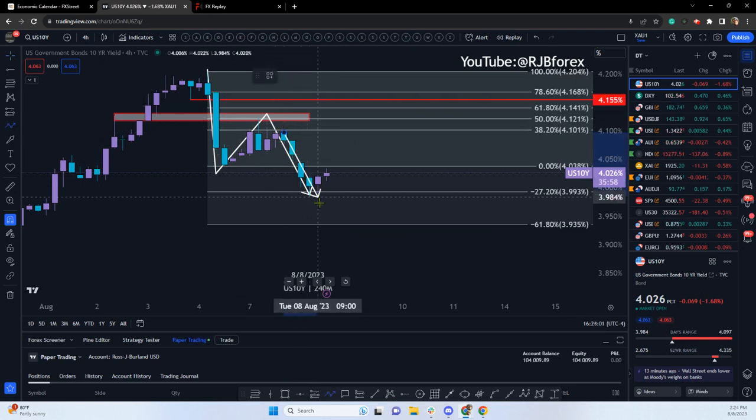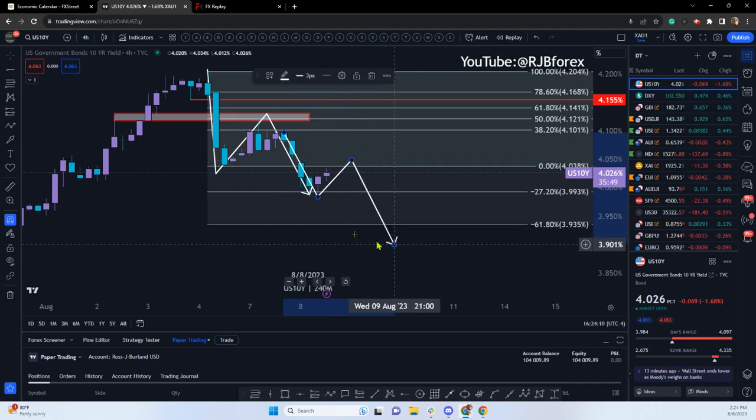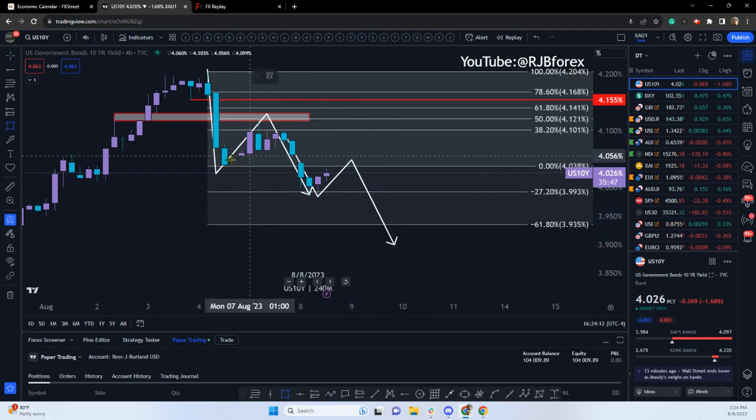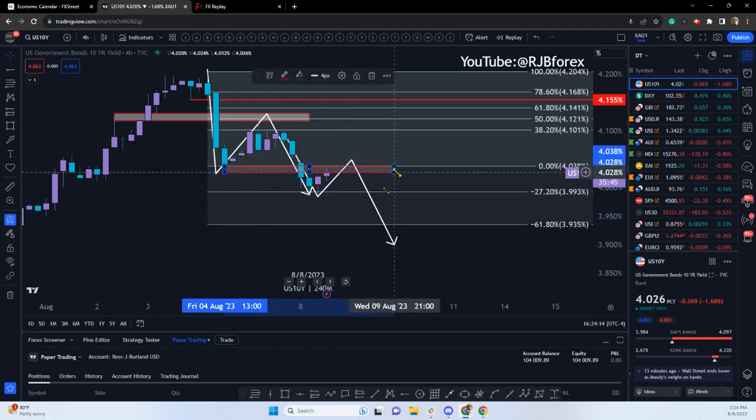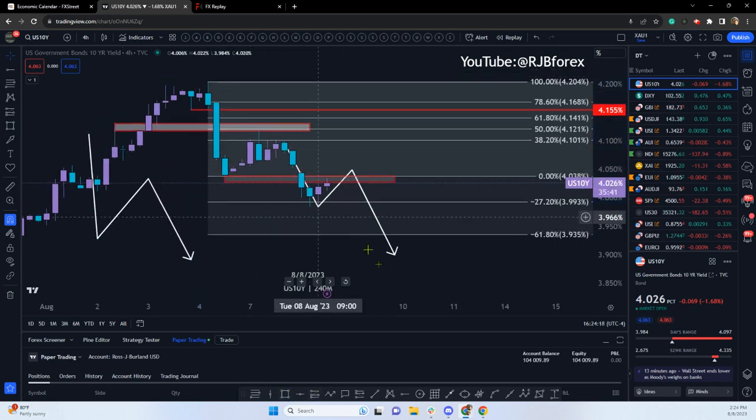So impulse low, correction up into test resistance, continuation lower, resistance, further resistance, more resistance up here in these yields.